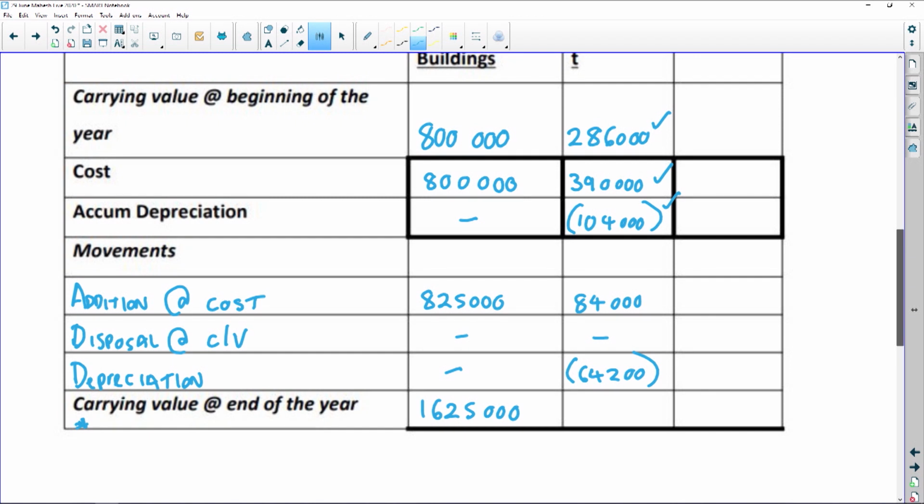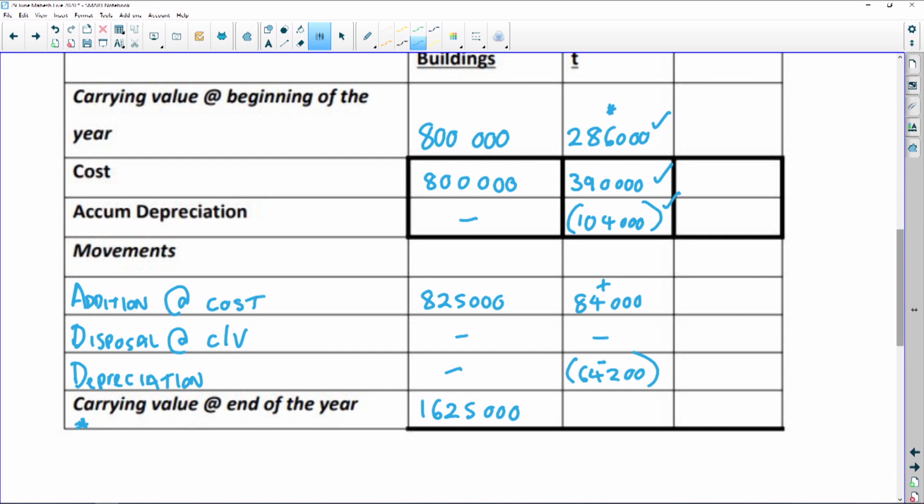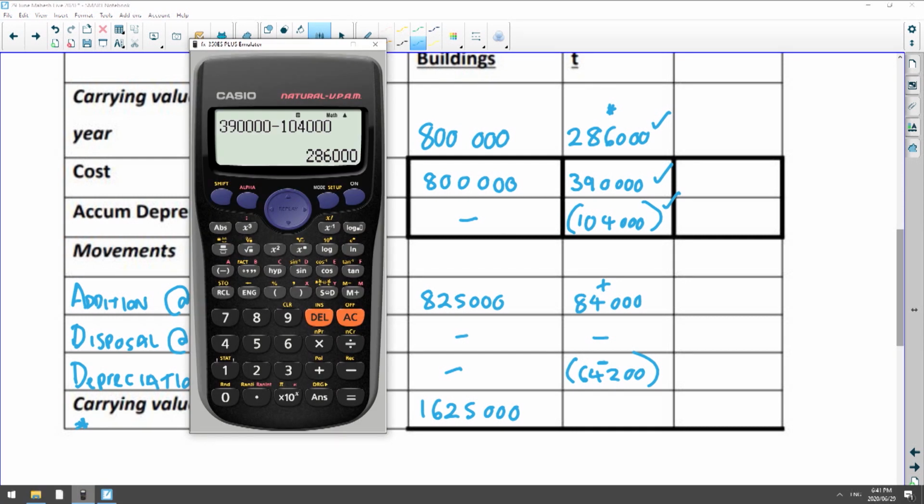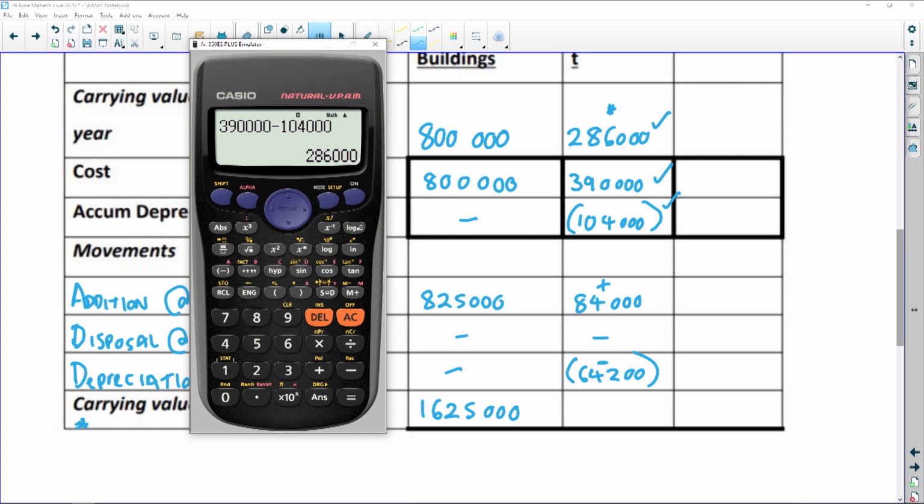So please remember guys, you're going to start off with carrying value at the beginning of the year. You will then add additions because obviously your carrying value now increases because you own another asset, and your depreciation is going to decrease your carrying value. Okay, so again, please guys, the calculation is important.